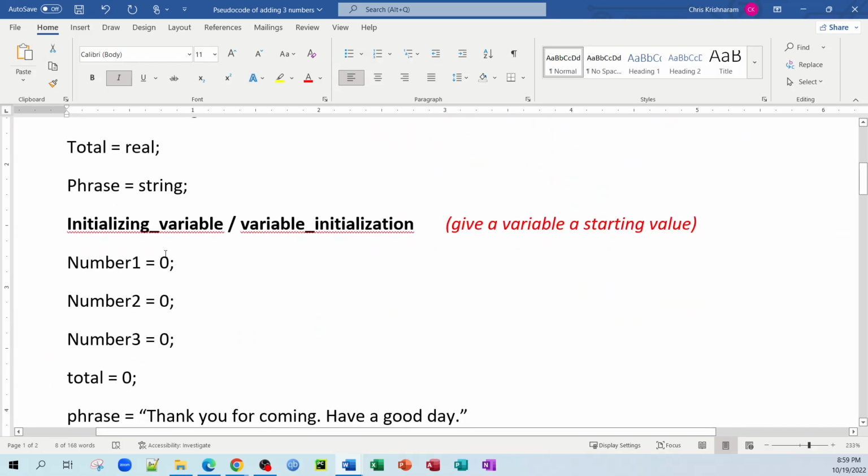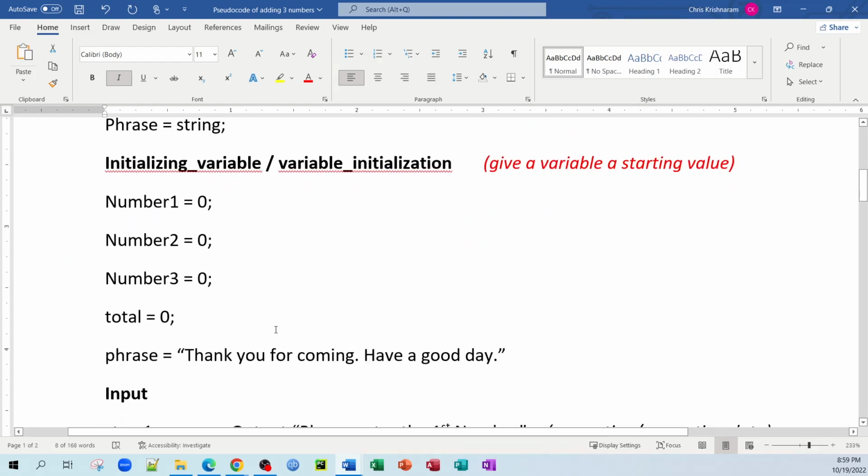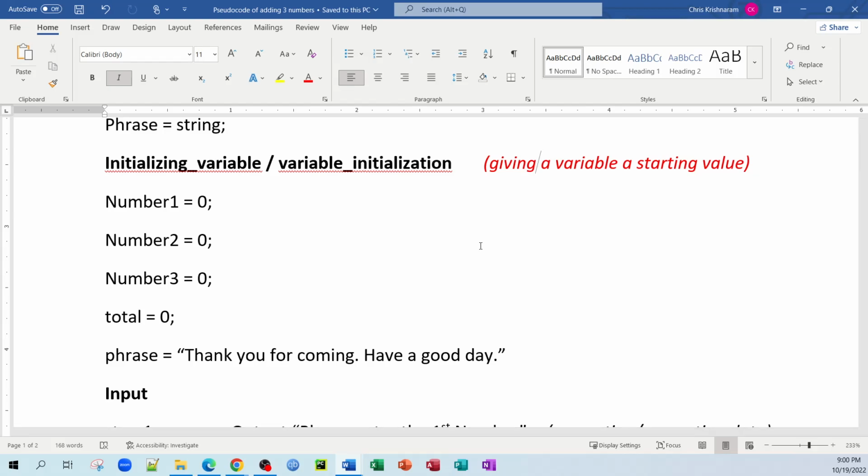Yeah, so initializing the variable or variable initialization, whichever one you want to use. What this basically means is that you're giving a variable a starting value. You tell it what value it is going to start with, what it is going to store when the program starts off.